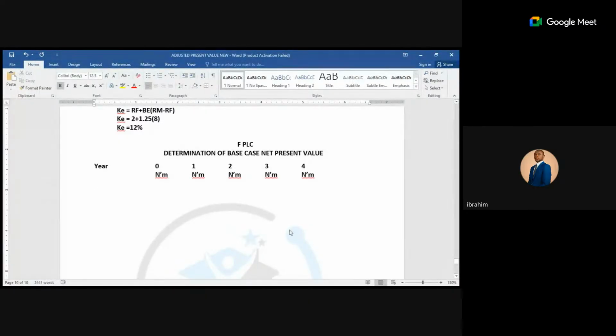I have all the steps in solving all the topics in SFM. Just follow the steps. When they say adjusted present value, just look at what the steps are, then go to the question and identify the ingredients that you will use. That is why I said SFM is very simple.